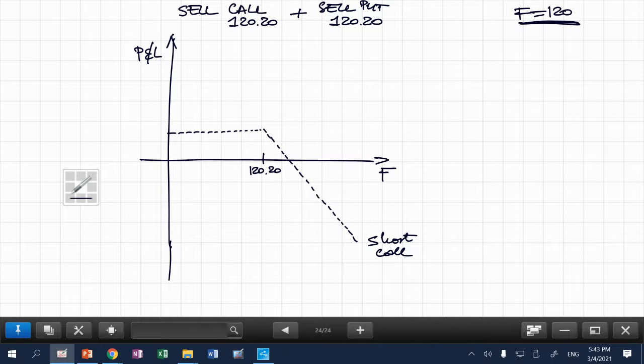At 120.20, it would be a good price to sell. So the put option must be in the money. By put-call parity, it should trade 20 cents higher than the call, okay? So make sure that every relative is having a line here which is slightly higher than the other one, because the put has a larger premium. And then, of course, below 120.20, you start suffering the exercise of the counterparty again, okay?